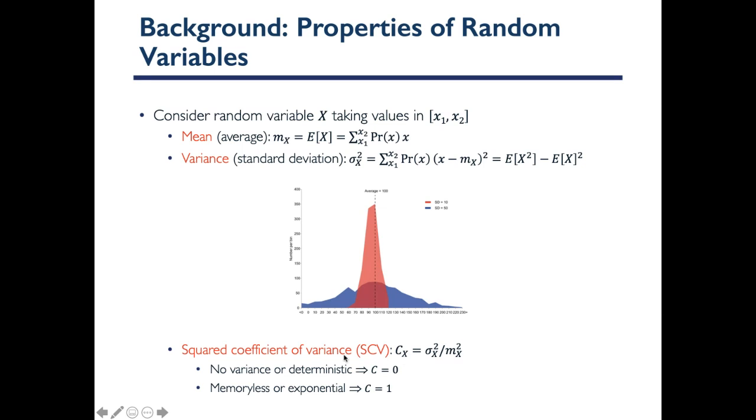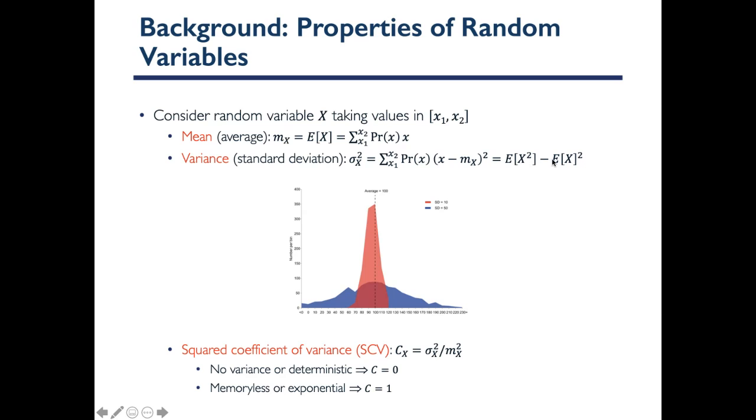Don't let the name scare you. It's basically the variance divided by the mean to the power of 2, your average to the power of 2. Now, if you have a memoryless or exponential distribution, then C is 1.